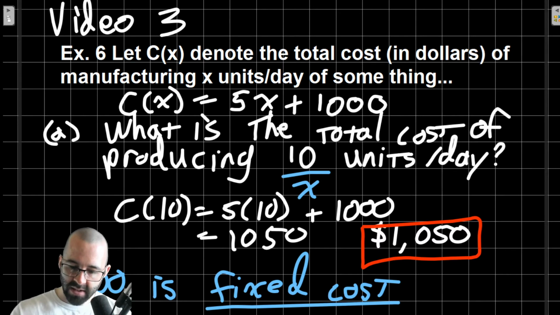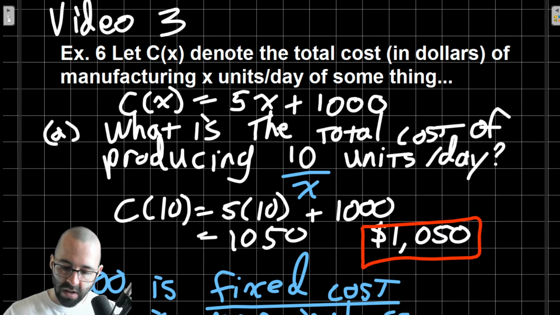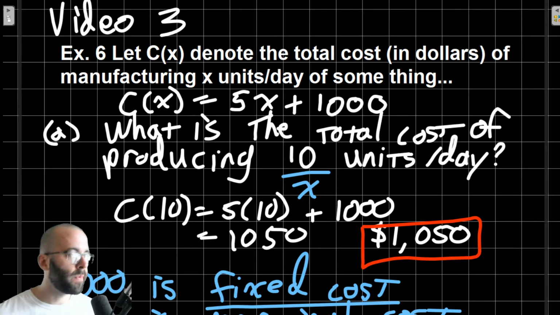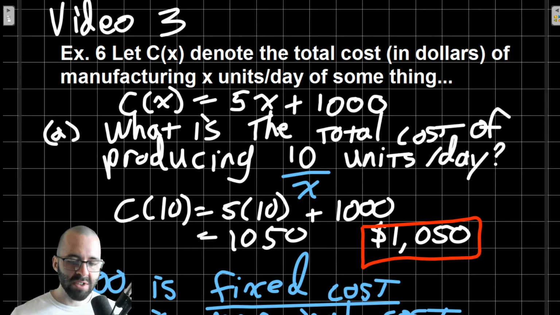And likewise, we have this 5 up here, which is the thing that gets bigger or smaller depending on how much you're producing. We say that 5 right here is what's known as the marginal cost. Marginal cost is just the cost of producing an extra item at that point. So for lines, this 5 is just going to be the cost for producing an item.